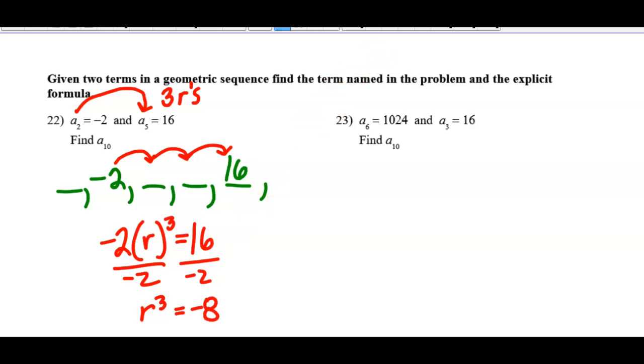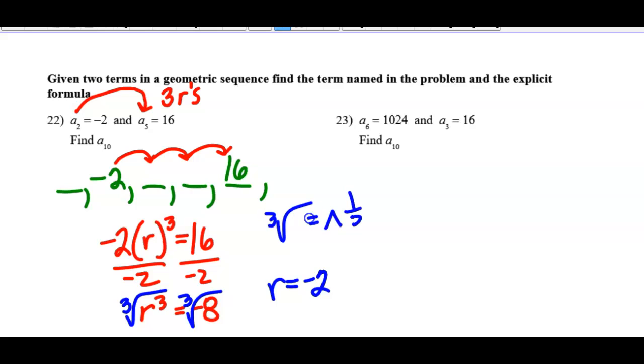and then remember, it's okay to cube root a negative number. You just get a negative number. Now, remember the cube root is equivalent to the power of 1/3.